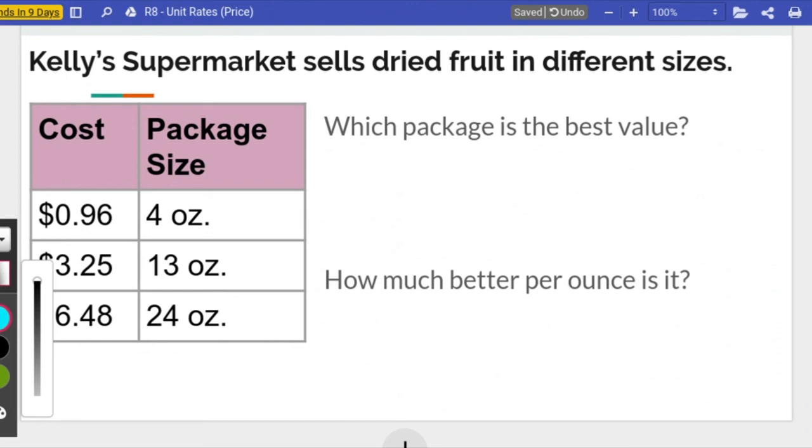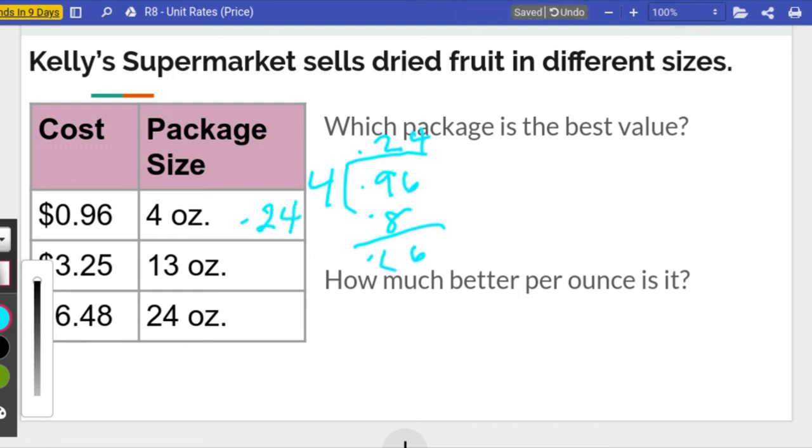So we're going to look at the cost per ounce. So if it's 96 cents for 4 ounces, we're going to look at what is the cost for 1 ounce. So let's just do our work right here. So 96 cents for 4 ounces is 24 cents per ounce.